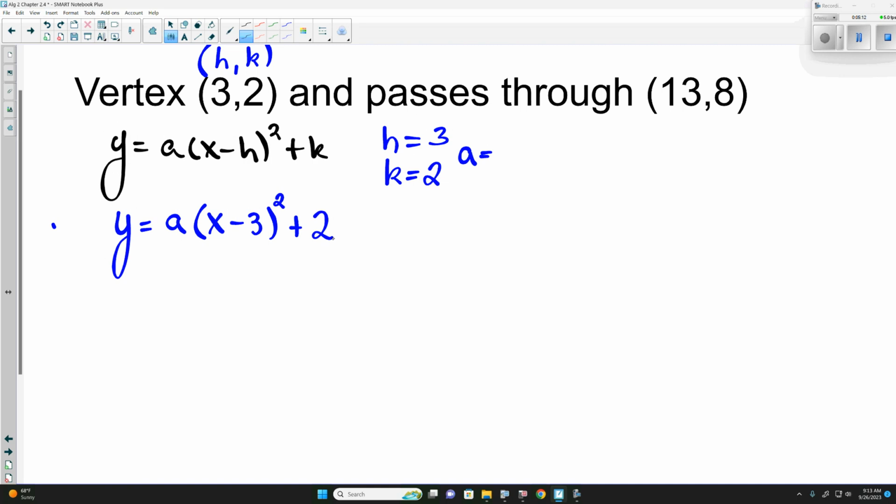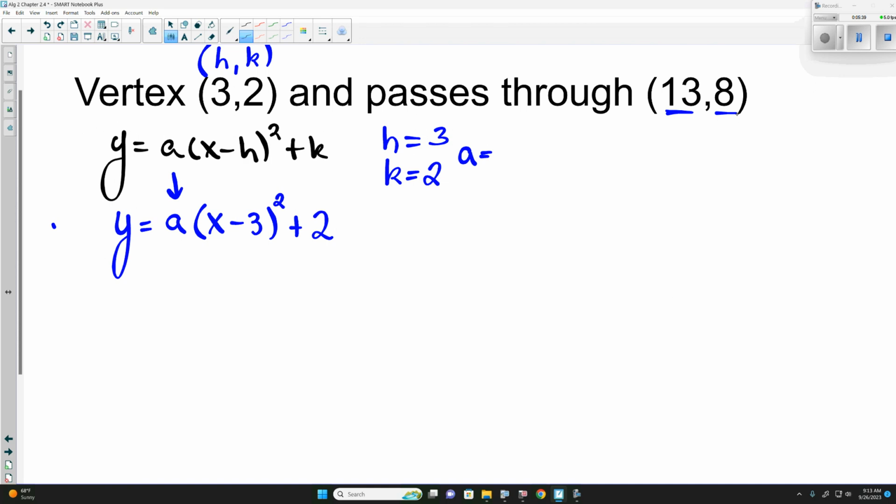Now to find the value of a, we're going to need to use the point it passes through. What they say passes through means that for whatever value this a is, whenever we plug 13 in for x, the y value will be 8. That's what that point is saying, that point's on the graph.